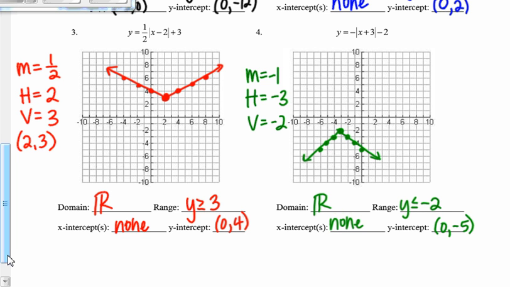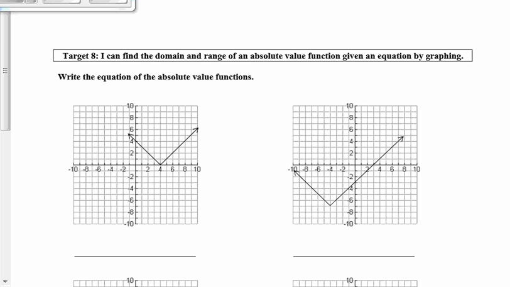Flip over your worksheet to practice for Target 8, which is writing the equation. Again, remember that the equation you're dealing with here is y equals m times the absolute value of x minus h plus v. We have to know 3 things in order to do these problems: the slope, the h, and the v. In order to find that information, I like to start with the vertex.